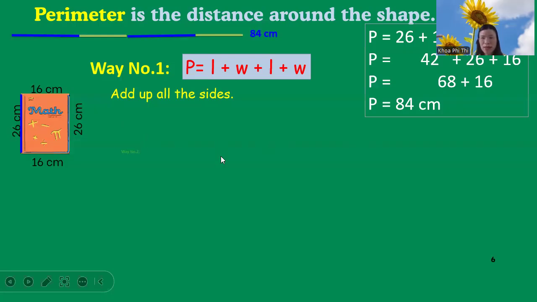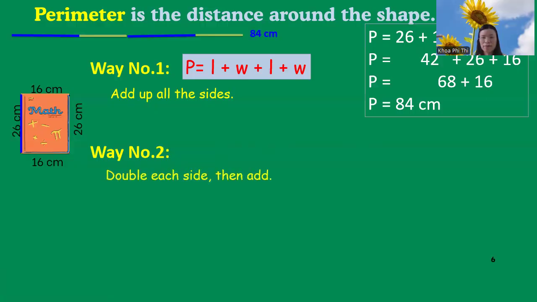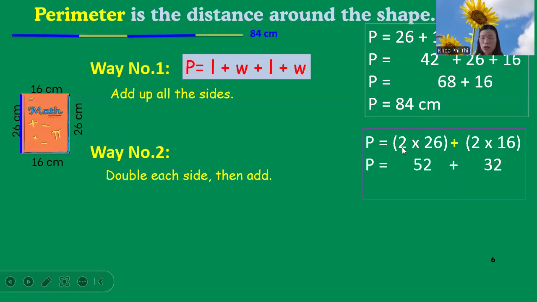I'm going to write here 2 times 26 and 2 times 16. And then we add them up. 2 times 26 equals 52. 2 times 16 equals 32.